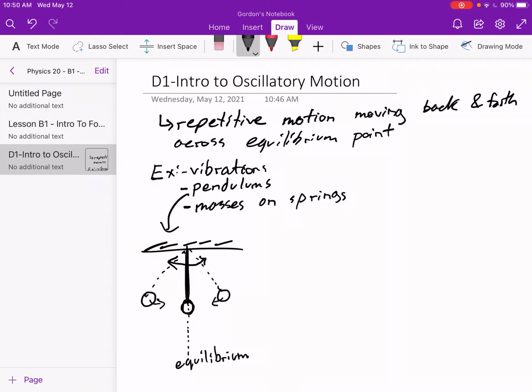If we're talking about masses on springs, the typical situation is we have a spring with a mass attached to it. If you let this spring just go naturally, it's going to settle at an equilibrium point.